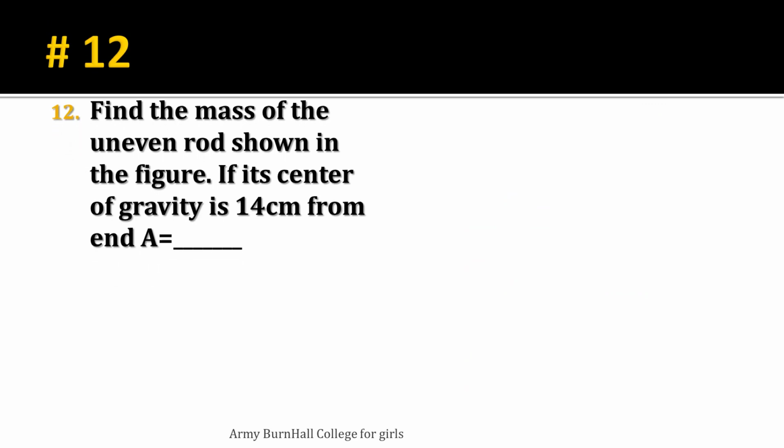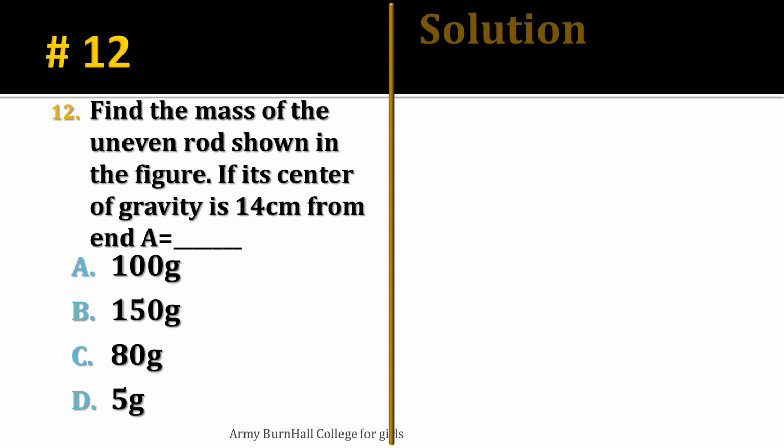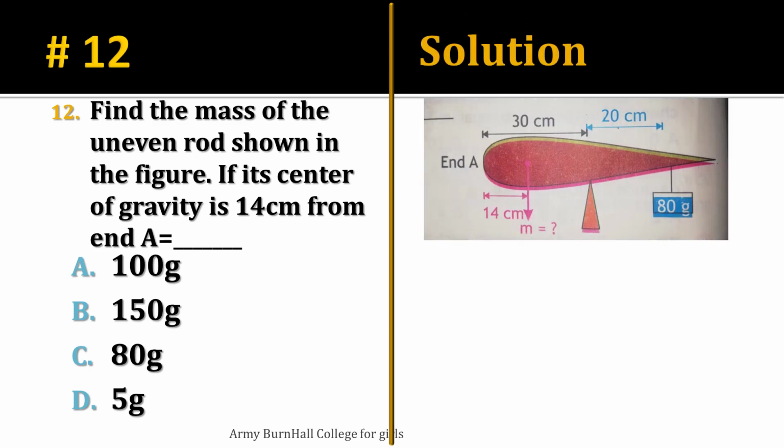Number 12, find the mass of the uneven rod shown in the figure. If its center of gravity is 14 cm from end A, the mass of the rod is either 100 grams, 150 grams, 80 grams or 5 grams. We have an uneven rod, which means its mass is not lying at its center.